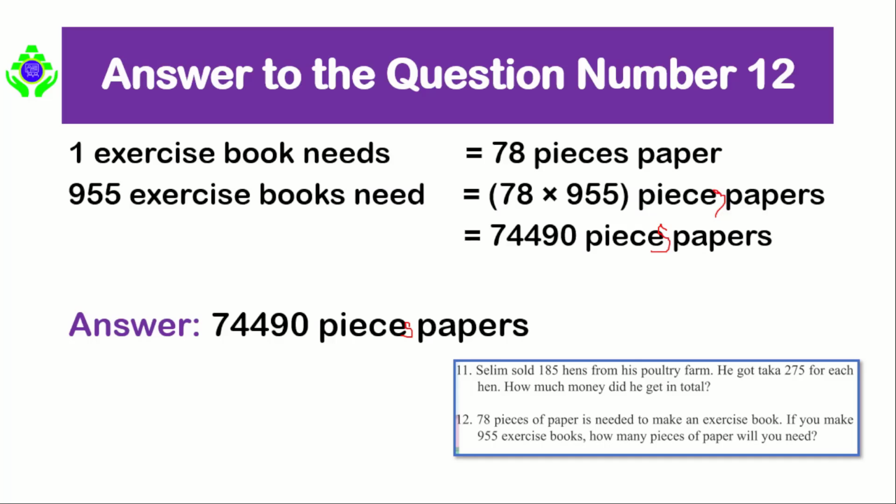So that's all for page number 43. In the next class, we will try to discuss other pages and solve other questions. So before that, try to practice all these questions again and again.